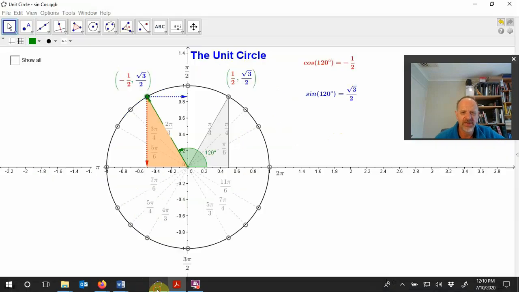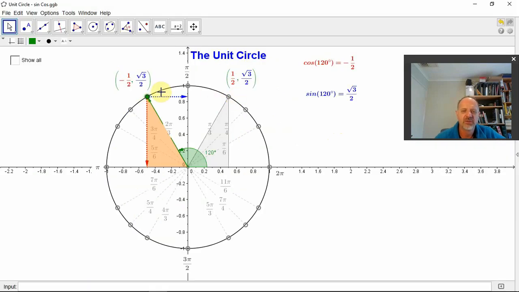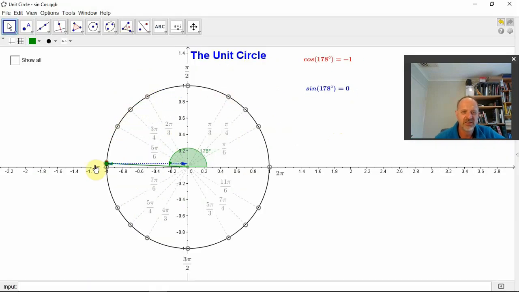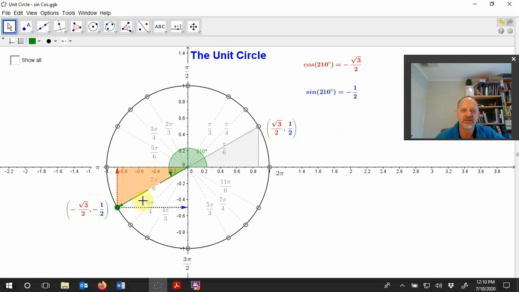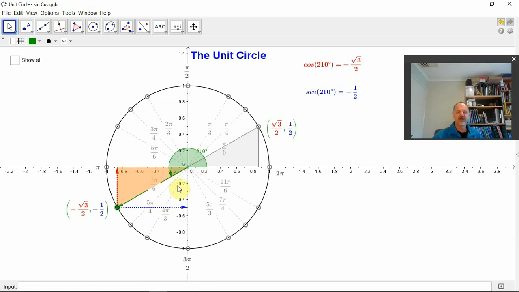All right, and so on that GeoGebra thing, what were we looking at? 210, which is here. All right, and so there it is, all the way around there. So that angle there, the reference angle. So these are our reference angles here between the x-axis and the line, and these are our reference triangles, if you like, over here.